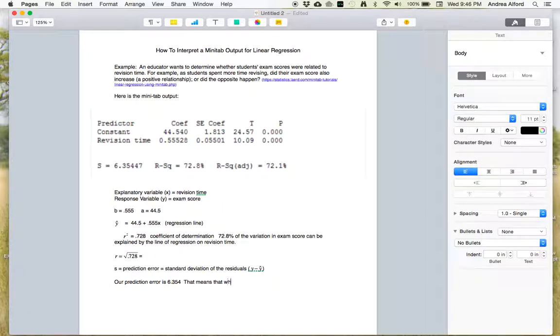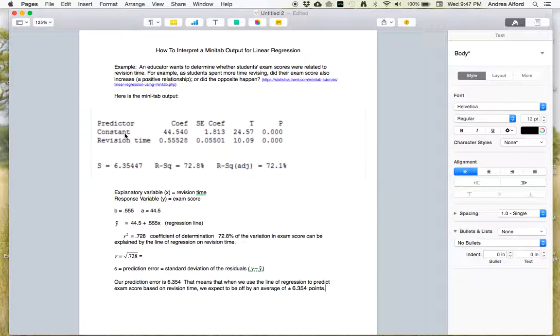That means that when we use the line of regression to predict exam score based on revision time, we expect to be off by an average of plus or minus 6.354 points. So again, everything that we need is right here.